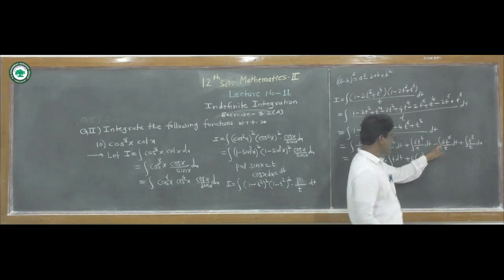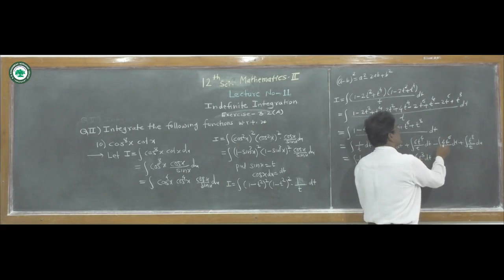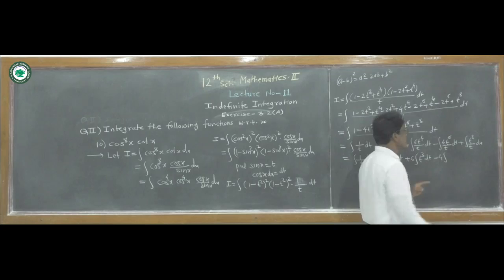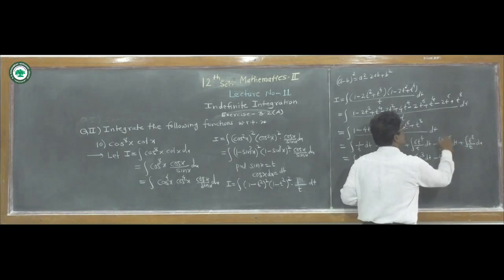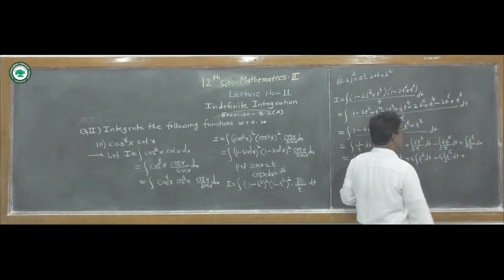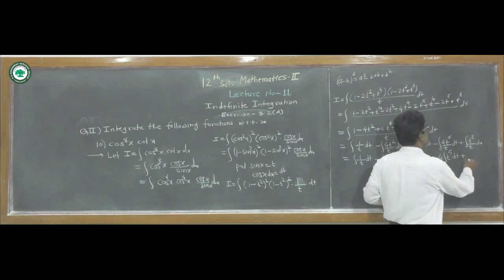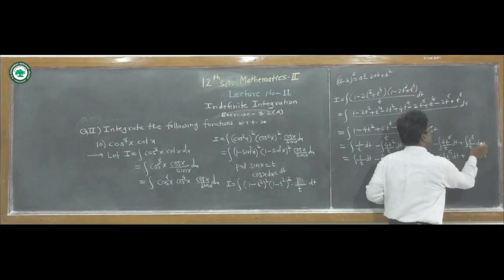Now the minus sign as it is, the constant 4 taken outside the integral, 4 into integration of t to the power 6 upon t, that is t to the power 5, 1 t gets cancelled, so t to the power 5 dt, plus, now here t to the power 8 upon t, 1 t gets cancelled, so it is equal to integration of t to the power 7 dt.